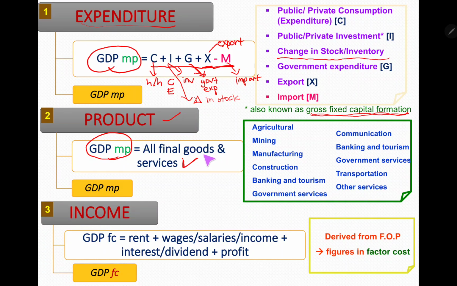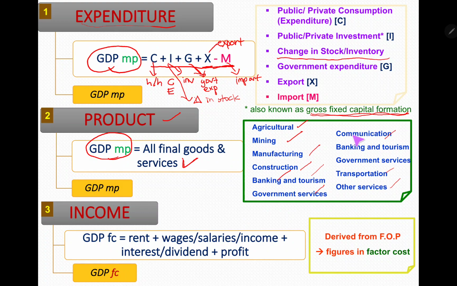Among the economic sectors I outlined here, we have agriculture, mining, manufacturing, construction, banking, tourism, government services, other services, transportation, communication, and others.